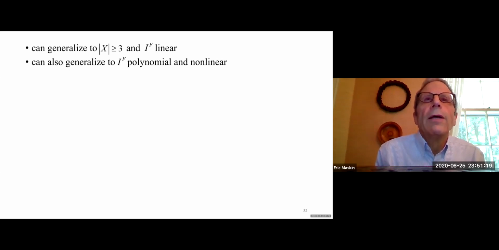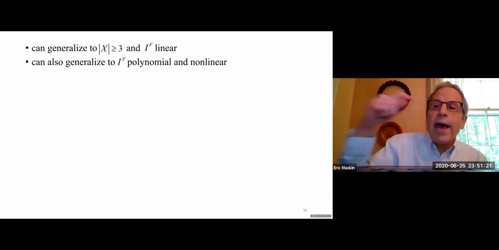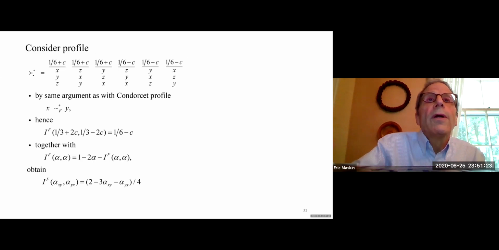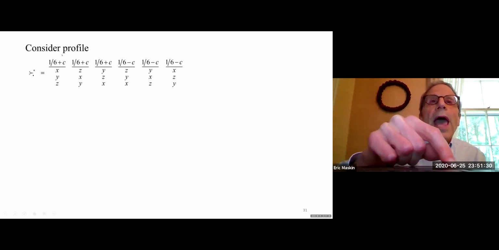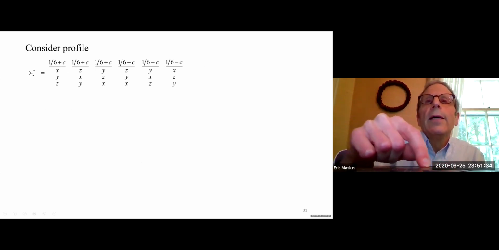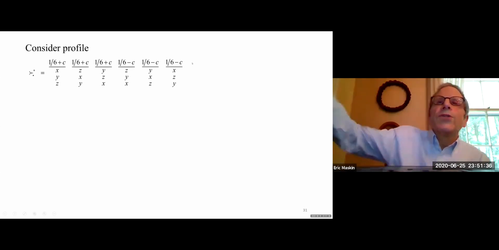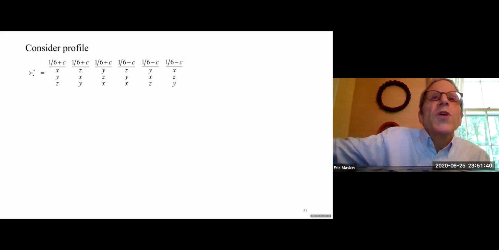What you can show is that for a situation like this, as you vary c, all of the constants for the nonlinear terms must be 0.